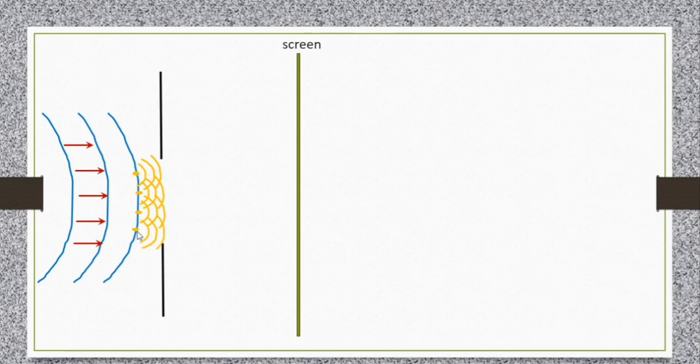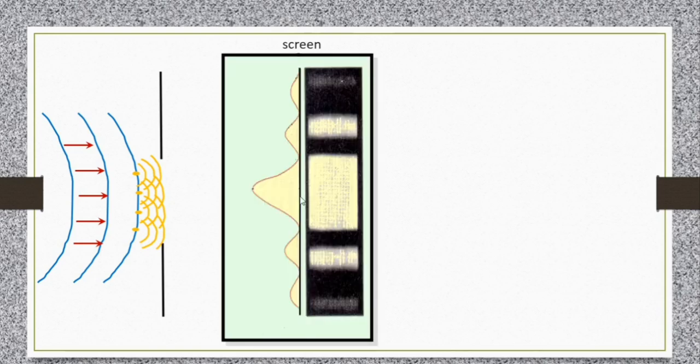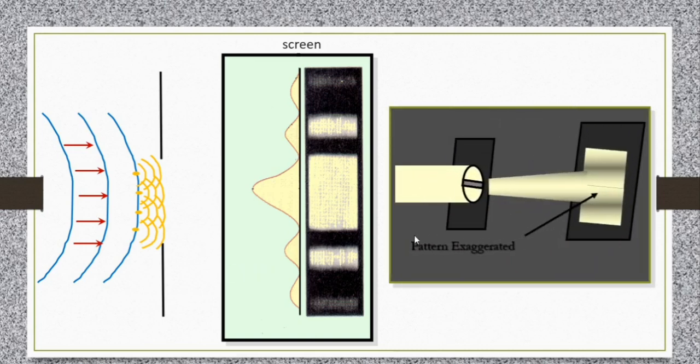Some of them are blocked, but these sources of wave interfere with each other so that there will be a big bright spot in the middle, and the pattern on the screen will be like this. When we see the pattern exaggerated, this is the single slit, and this is the light ray, and the pattern on the screen will be like this. There will be a big bright spot in the middle.